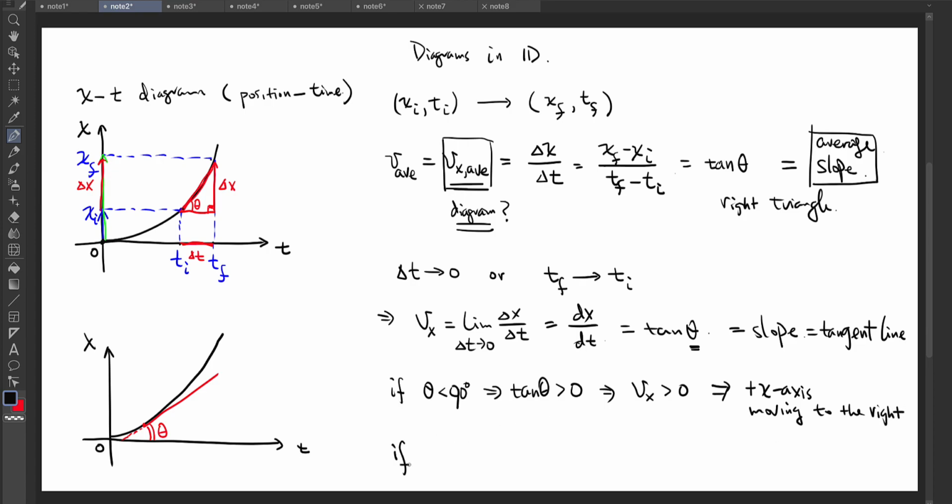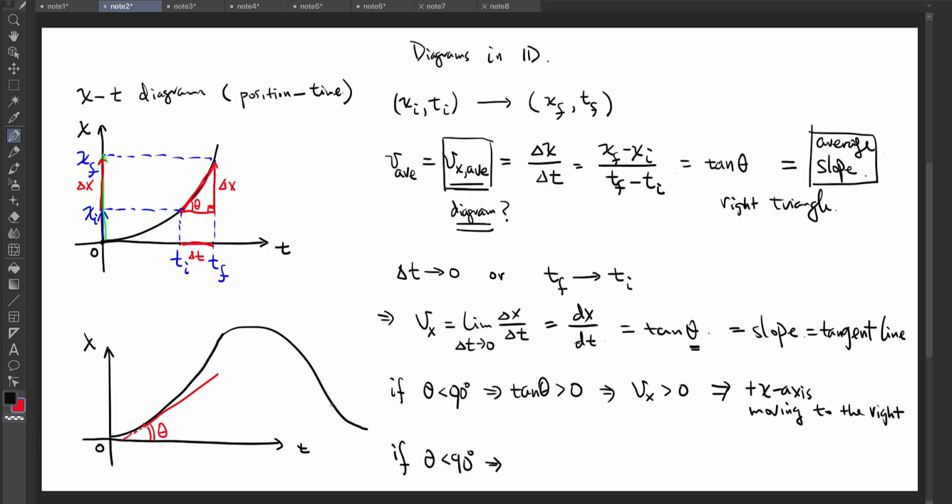Now how about the other case? Let's say theta is greater than 90 degrees. The answer is that now the velocity will be negative. So let me show you this negative velocity situation. So let's say this object, now the curve will go down like that. Okay, so we're talking about some general property, general motion, and then it could happen like this.